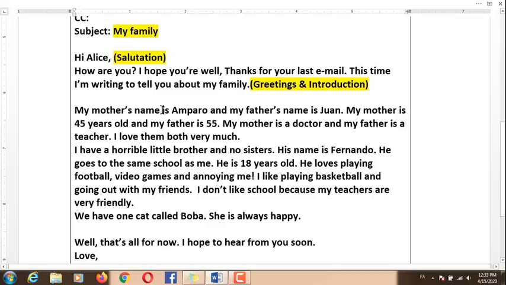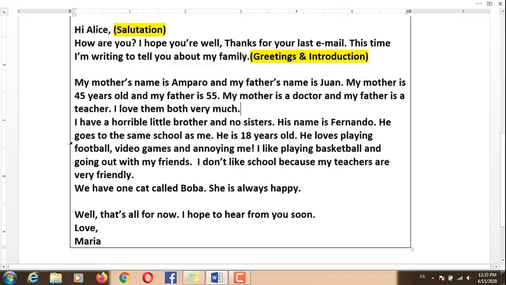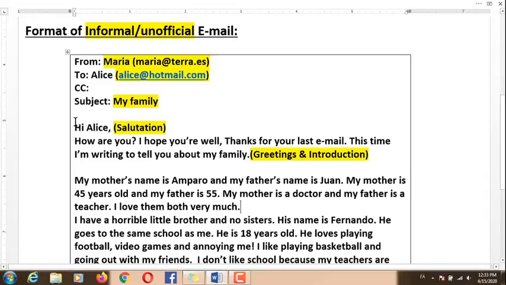My mother is 45 years old and my father is 55. My mother is a doctor and my father is a teacher. I love them both very much. خب میفهمین دیگه، ترجمهش نمیکنم. معلومات بادی است، چون تمام معلومات و موضوعات اصلی تانه، در اینجا ارائه میکنین یا نوشته میکنین.